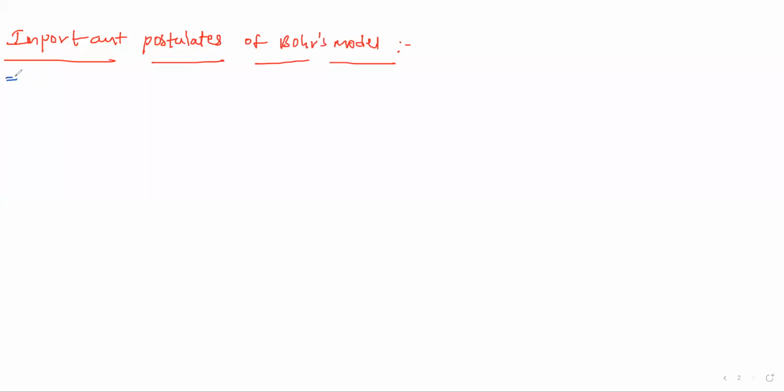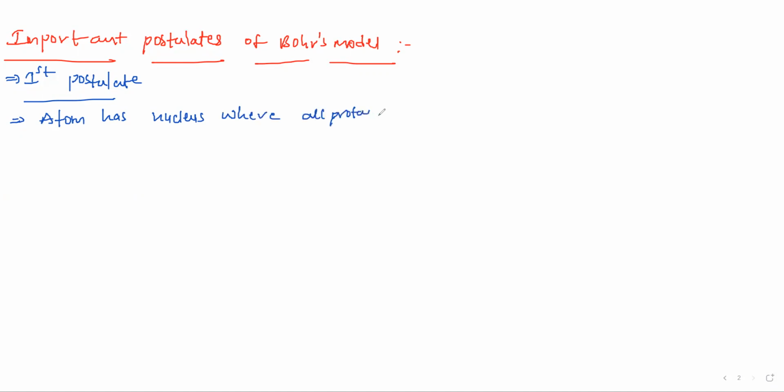The first postulate we can write here: the atom has a nucleus where all protons and neutrons are present.